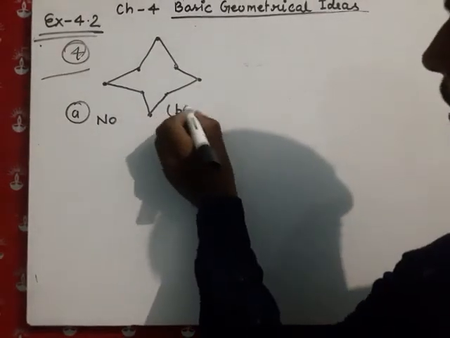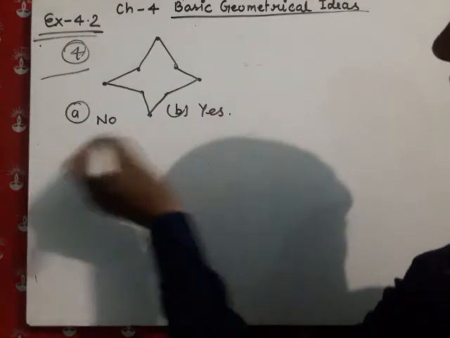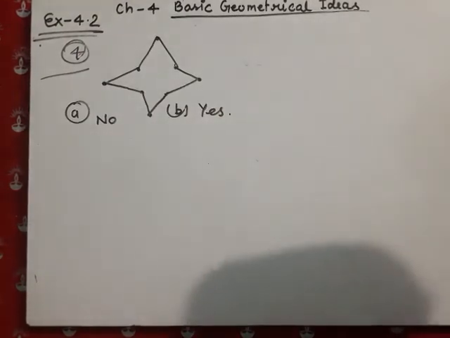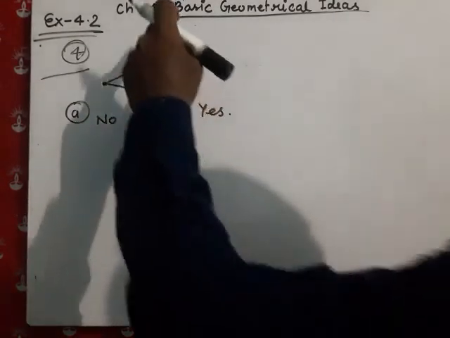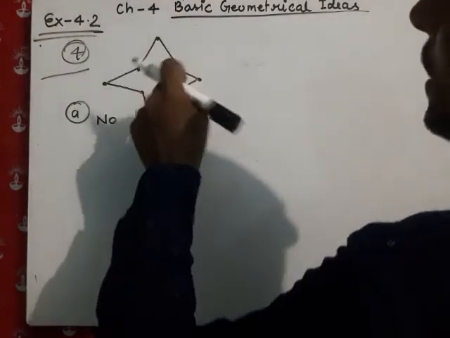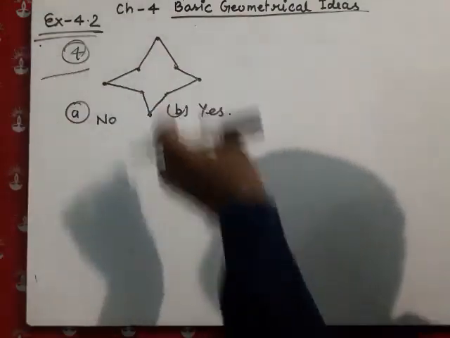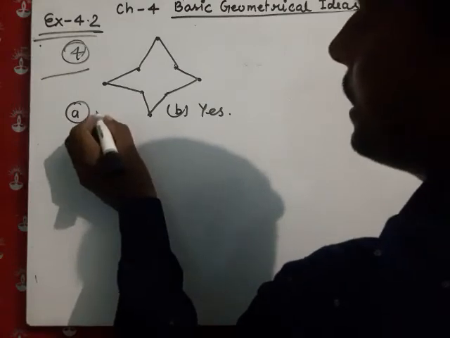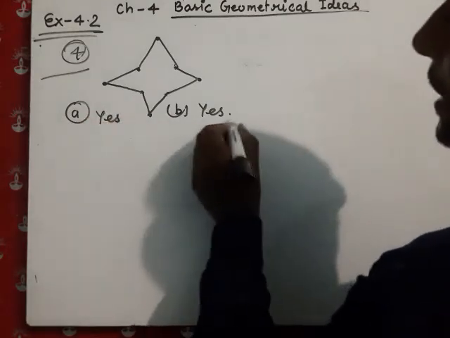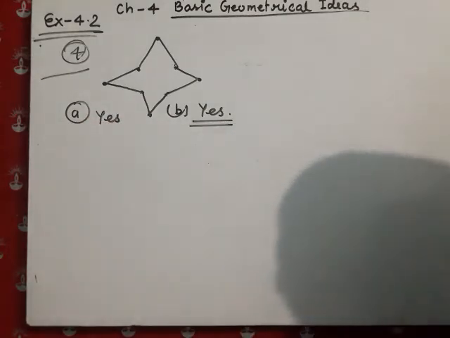Then we will write down yes, it is closed. But in another manner, it is also a curve, because all the polygons that are joined are known as closed curves. So we can write here yes, it is a curve and it is also a closed curve.